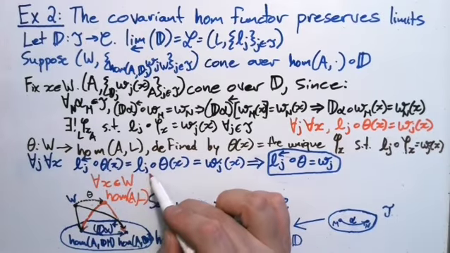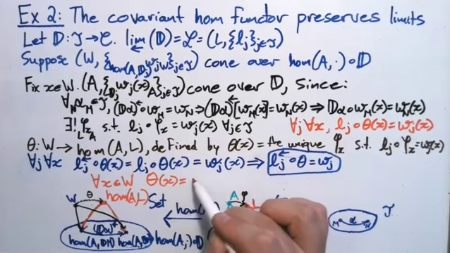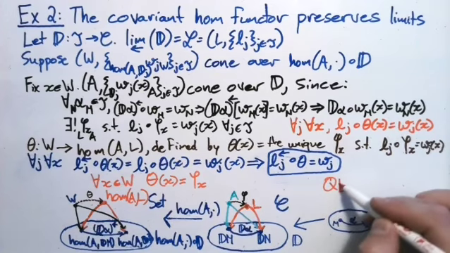So basically, every single time we grab an x in W, we only have one option, which is phi of x. And so what that means is that this unique mediating morphism is the cone morphism that we required, and that means that the image of L is in fact a limit over this diagram, the image of this diagram under the covariant home functor. So we've shown that the covariant home functor does preserve limits, and that's QED.